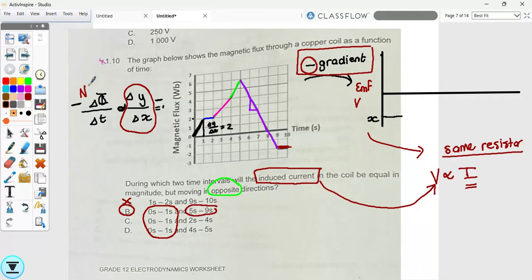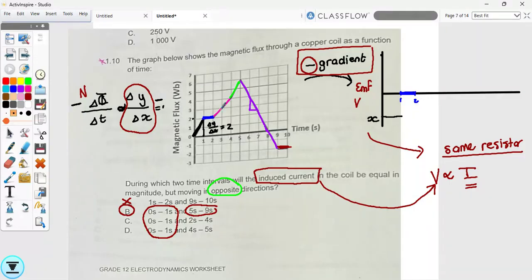We don't know what it is because we don't know what N is, but it really doesn't matter. You don't need to do calculations here. Then for that second bit, from 1 to 2 seconds, because there is no gradient, this value from 1 to 2 seconds is just going to be a flat line there. Happy with that bit? Okay.